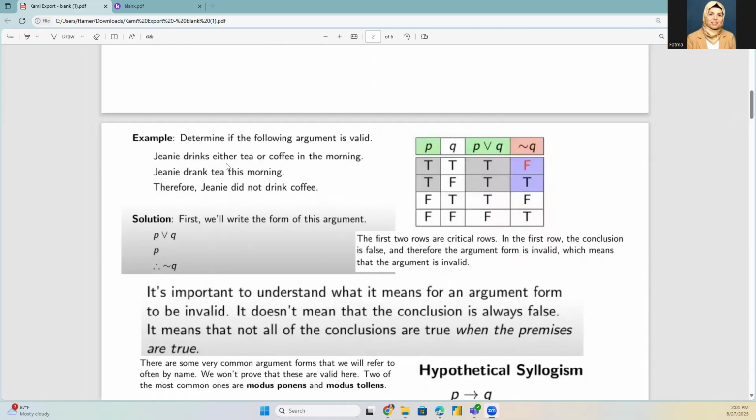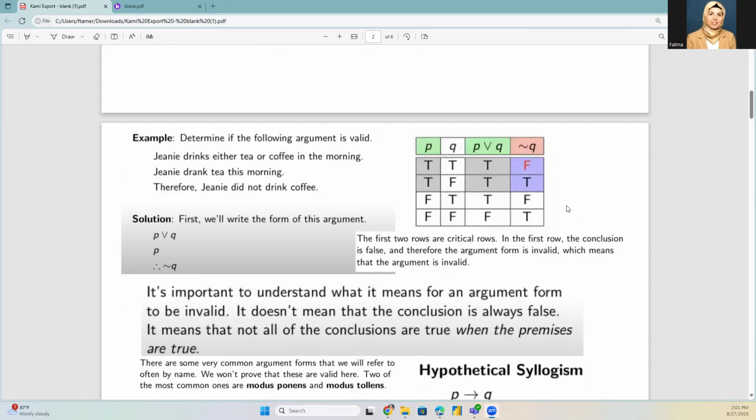P means drinking tea, Q means drinking coffee. We want tea or coffee, so the first premise will be P or Q. Then Jenny drank tea this morning, so we have P. Therefore, Jenny did not drink coffee, so we have not Q.